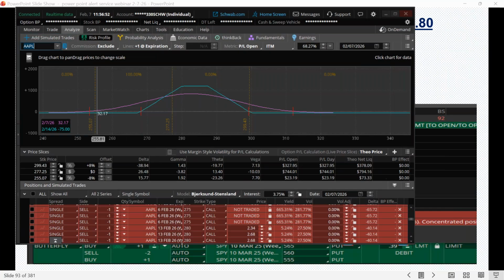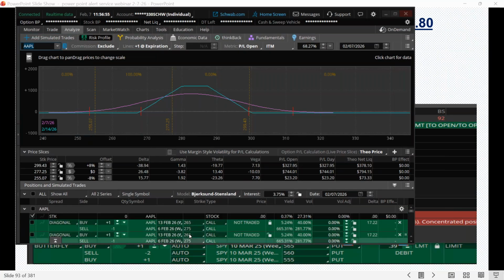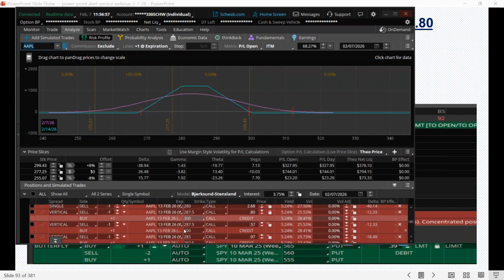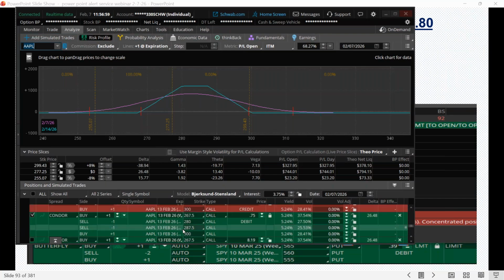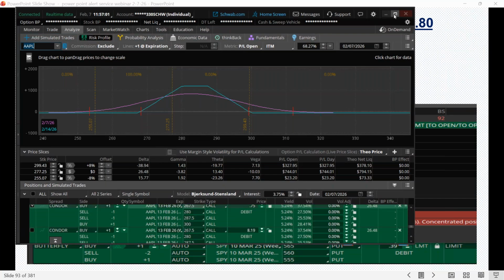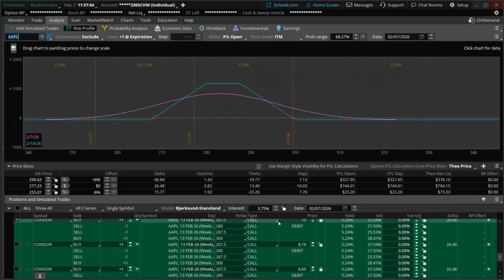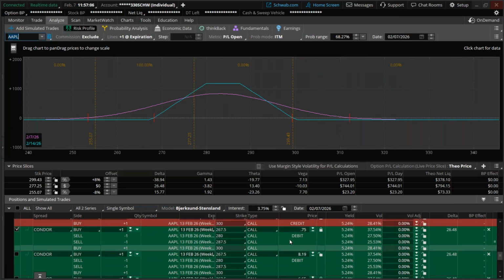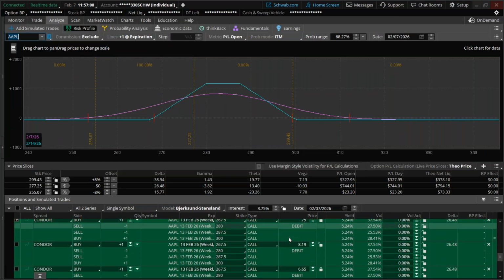So that's the typical trade duration. Now we've got this Apple call condor on here. We're still long here, with potential for over $1,000 on that, with risk reduced down to 75.